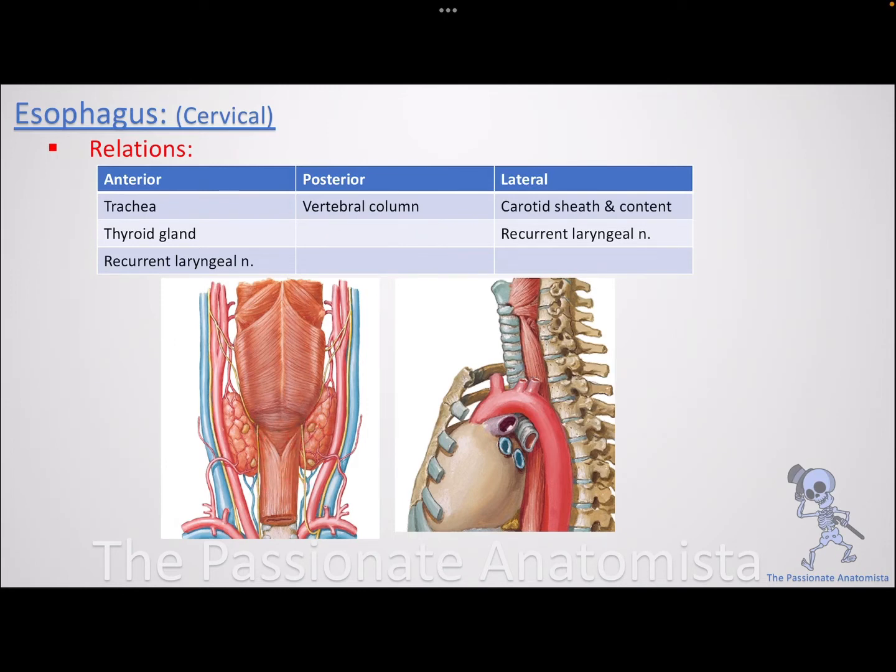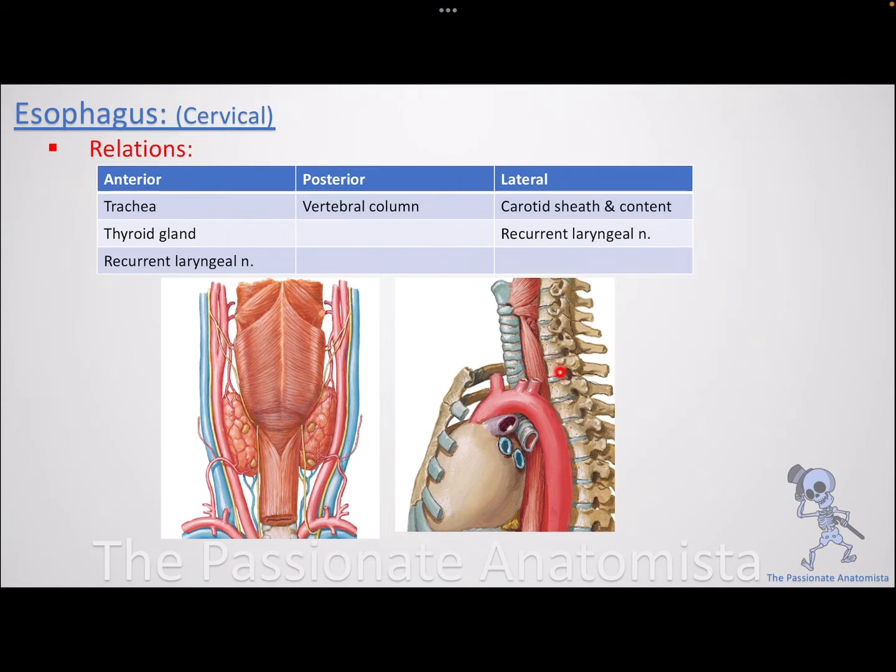So again, in front of the esophagus, you have your trachea, thyroid, and recurrent laryngeal nerve. And you will get to see the recurrent laryngeal nerve in many relations to the esophagus. So remember that this is the anterior relation to the cervical part of the esophagus.